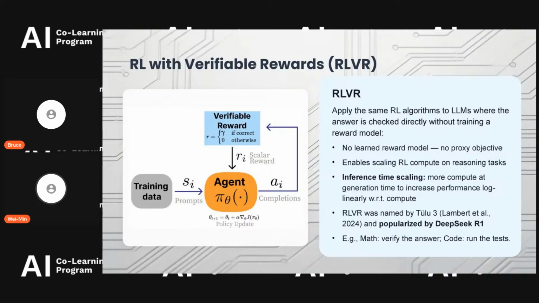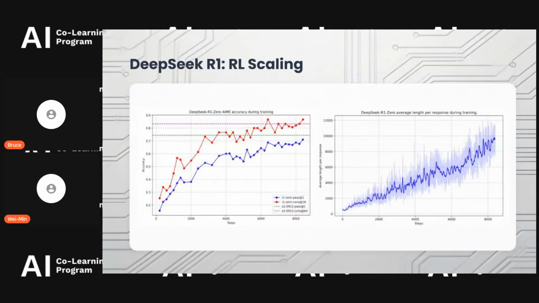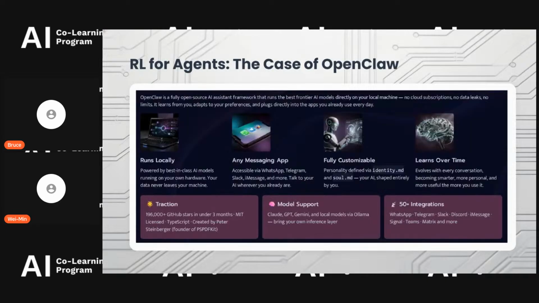However, the answer is checked directly without training a reward model. That makes the computation more scalable, and is particularly useful in inference-time compute. So reinforcement learning is a very effective tool for continuous learning for the agent.